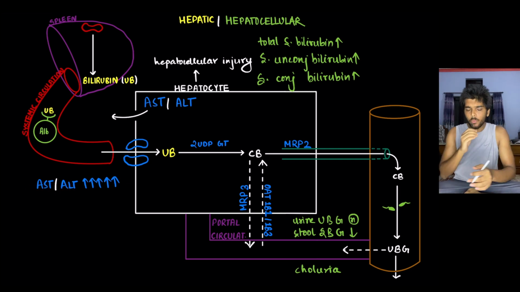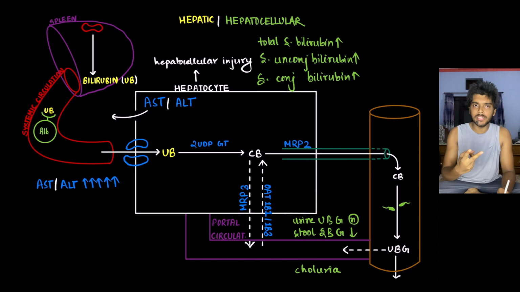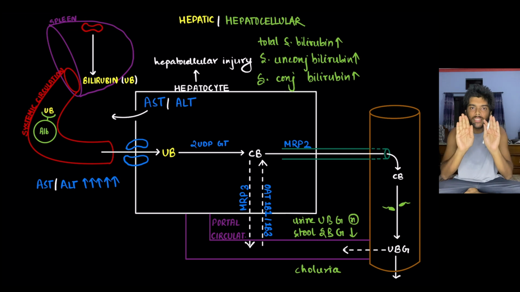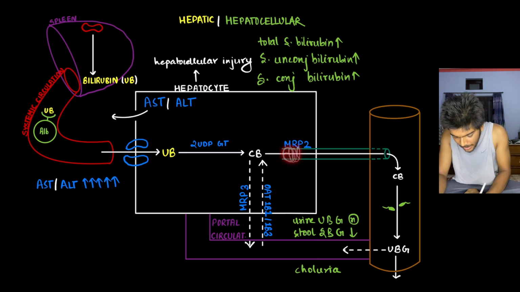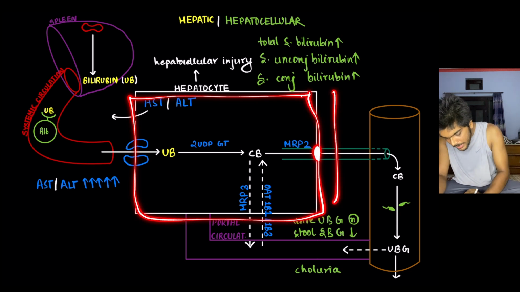See, I said after hepatocellular injury, two things happen. Number one, loss in function, and number two, swelling of the cell. These two are hepatocytes. They swell up due to hepatocellular injury. As a result, in between one hepatocyte and the other hepatocyte, there is the bile canaliculi. Due to the swelling of the cell, the bile canaliculi gets compressed. See, here is one cell, here is another cell.